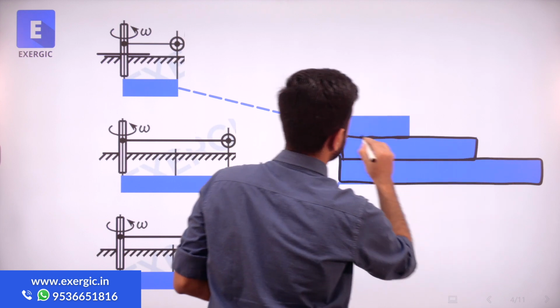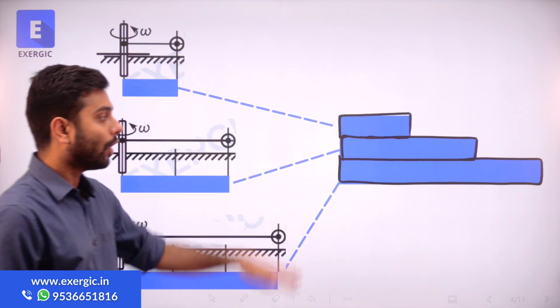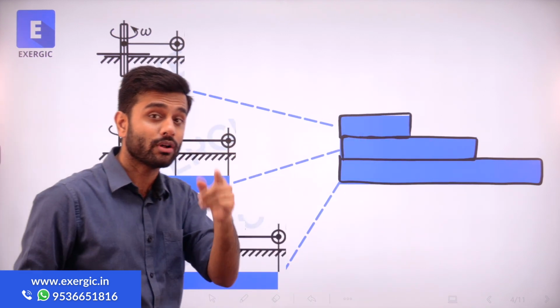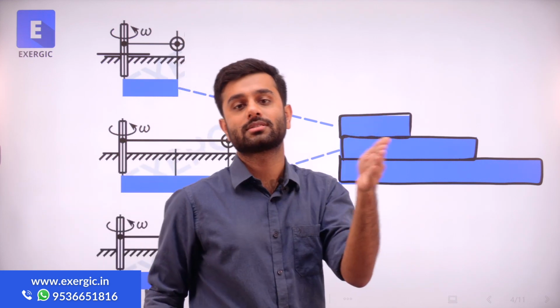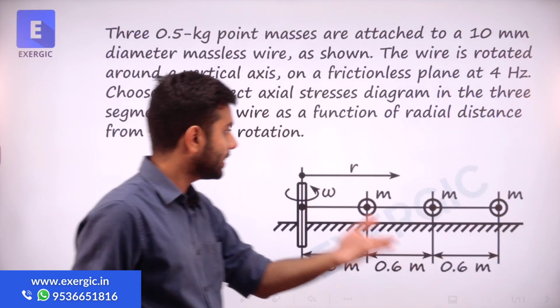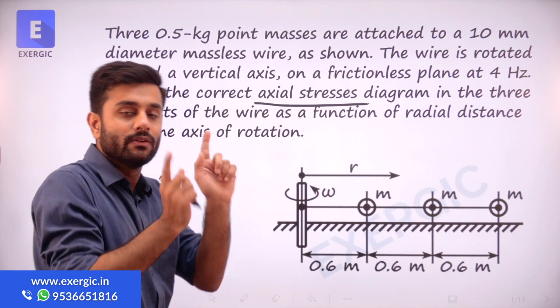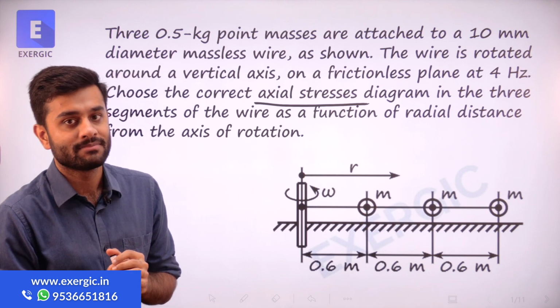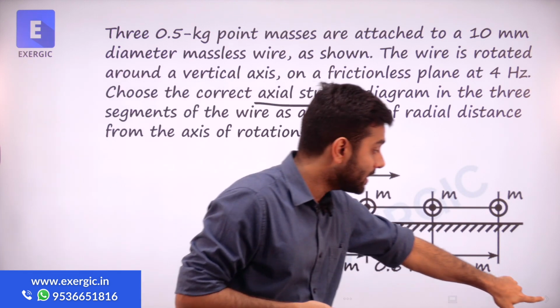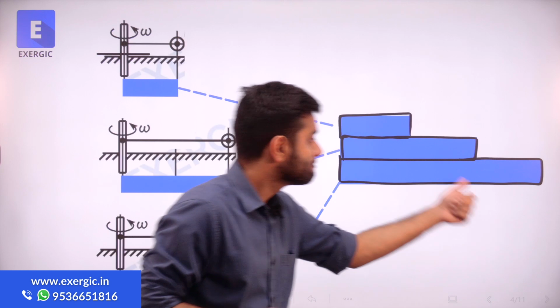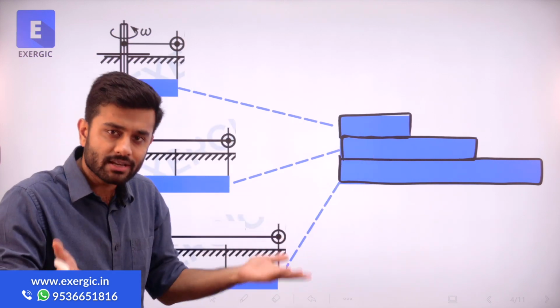So if you merge all of them together, you have got how the shape will look for the centrifugal force. And what is centrifugal force, bhai? I explained now. Axial stress will be caused by axial force, which is centrifugal force here. And if you have got the variation of axial force, you have got the variation of axial stress also. How?